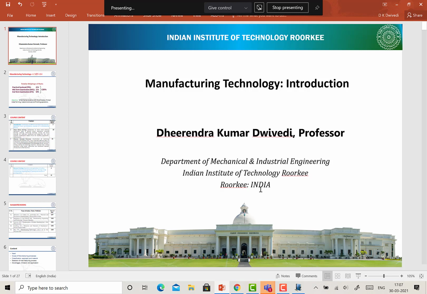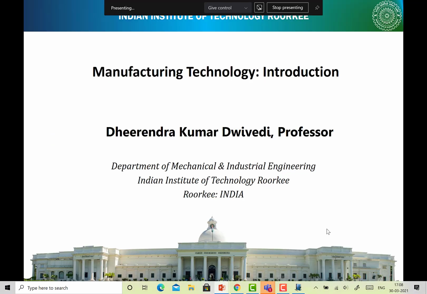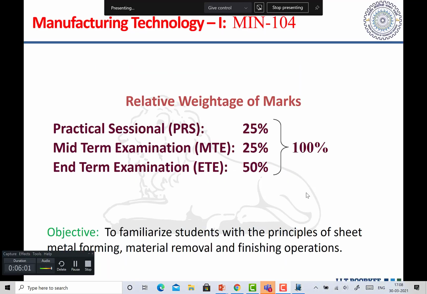So in this broad subject of manufacturing, we will first see what it is and why it is important to talk about this subject. But before getting into those things, let me talk a little bit about the content related aspect. This is the distribution of marks, which shows the practical component of 25% weightage.